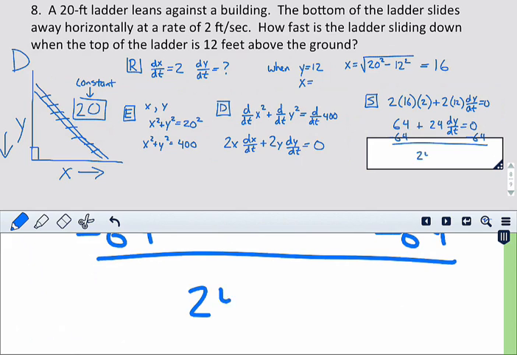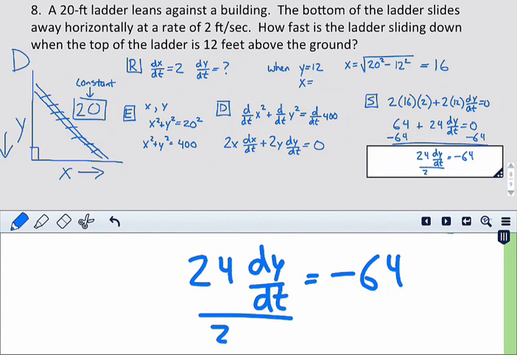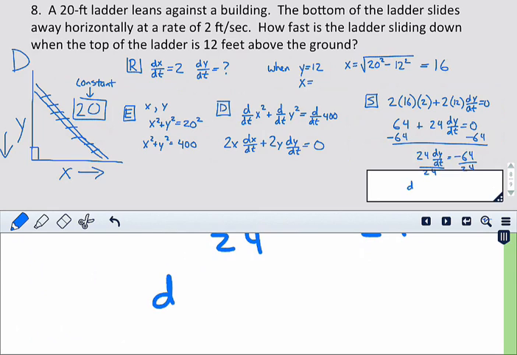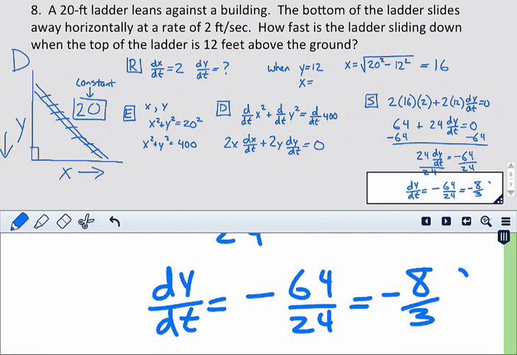And so we get 24 dy over dt equals negative 64. And then we're going to divide by 24. So dy over dt is going to equal negative 64 over 24, which reduces to negative 8 thirds. And that's going to be feet per second.